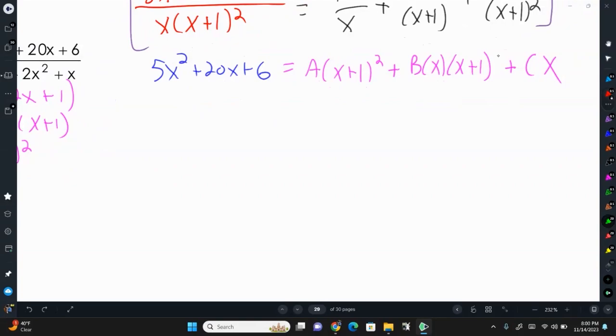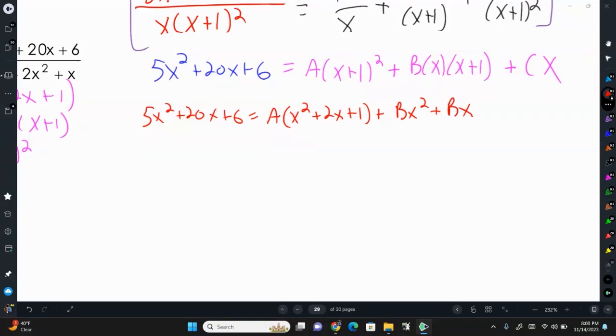So what we need to do is multiply this nasty expression out. So we have a times x plus 1 squared, which is x squared plus 2x plus 1, plus bx squared plus bx, I multiplied like that, plus cx.